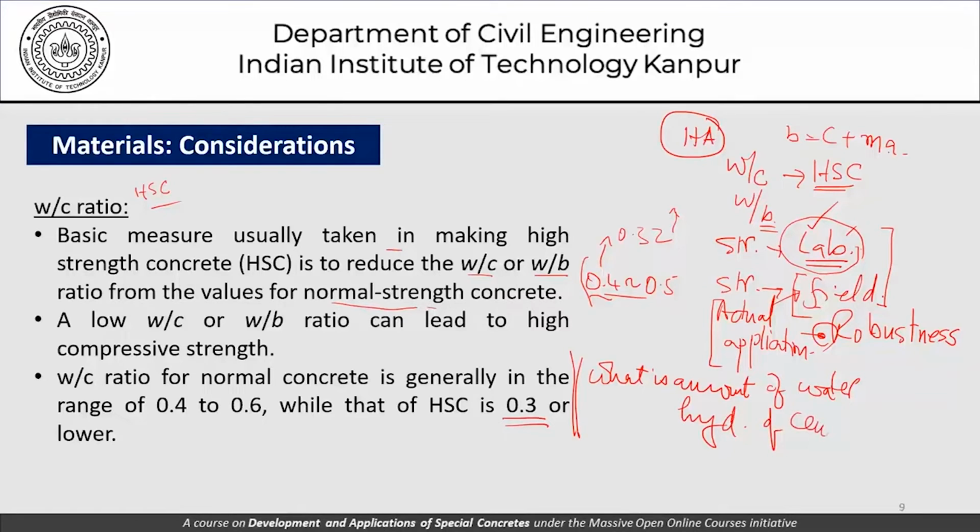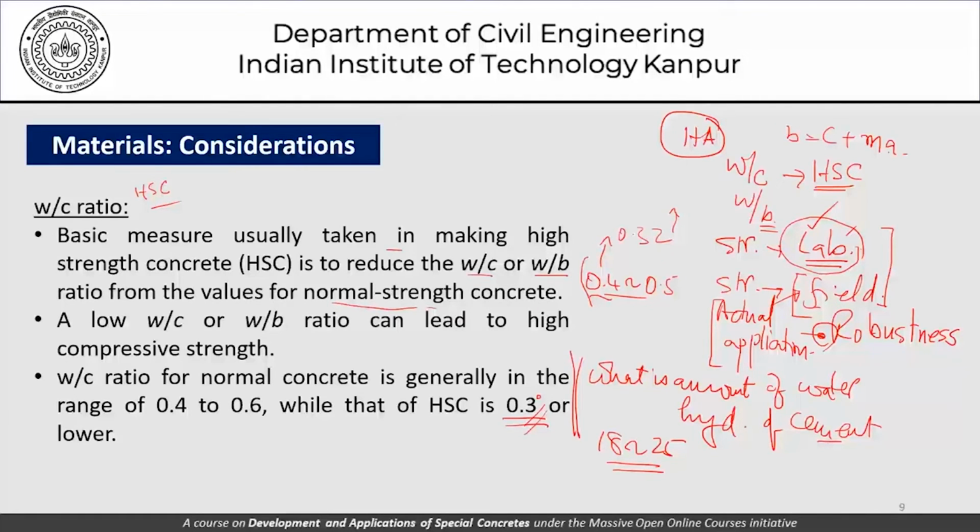Now, if you read literature, you will find that this number varies from about 18 to maybe 25%, and we are coming dangerously close to this number when we are talking of a water cement ratio of 0.3 or 0.32 or whatever it is, which means that we are hardly adding any water for workability. All the water that is supposed to be there will be consumed in the hydration of the cement that we are using, meaning thereby that this water which has been added there cannot be allowed to escape.